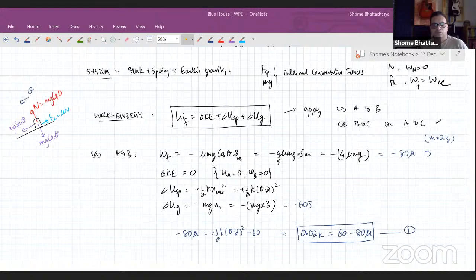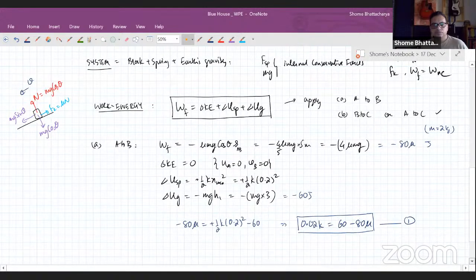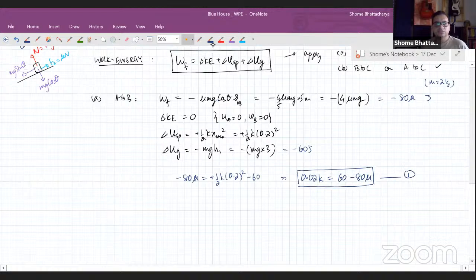Okay, now let's apply the work energy equation from B to C. So for B to C, what is happening? The only difference is the block is moving in this sort of direction, from B to finally C, where it again comes to rest.